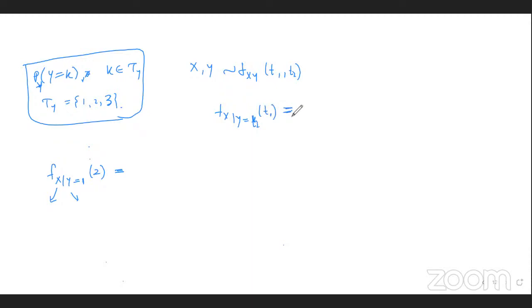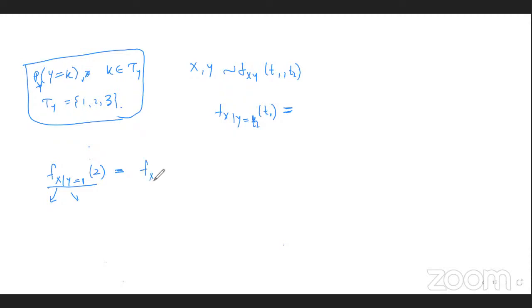Ma'am, it would be the marginal PMF of x, summed over all terms of t1. No, what is this? This is conditional. Yes, ma'am, conditional is joint by marginal, right? So what is joint?